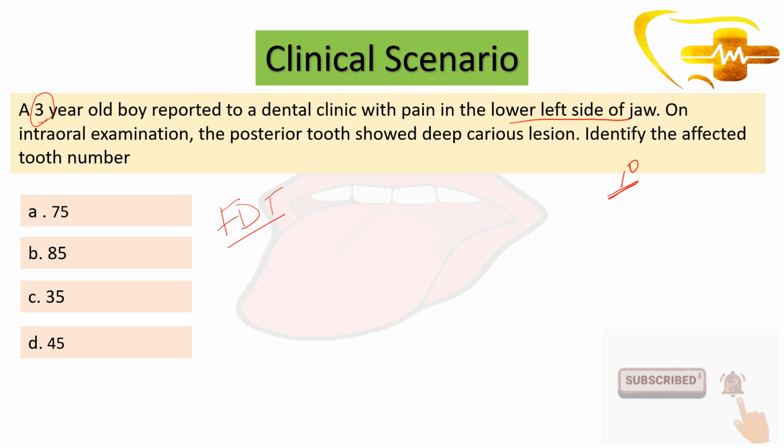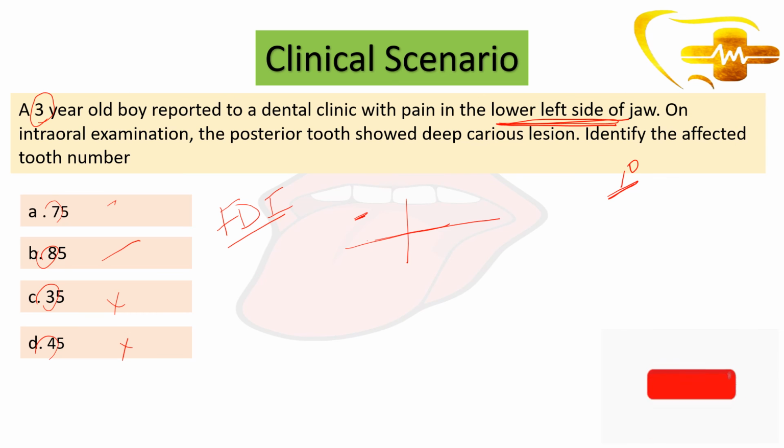How did I say that? Based on these numbers 75, 85, 35 and 45. Since it's a kid, we can't go with 3 and 4 because they belong to adult quadrants. So these both are ruled out. The left out are 75 and 85. They are saying that it is the lower left side of the jaw. From this notation, we know it starts with 5, 6, 7 and 8.